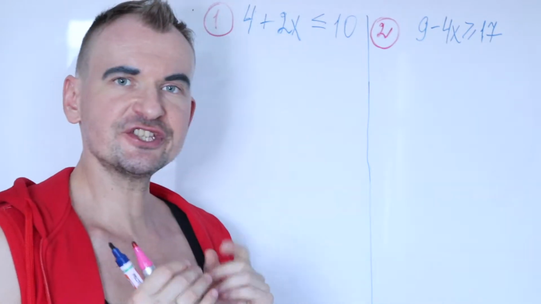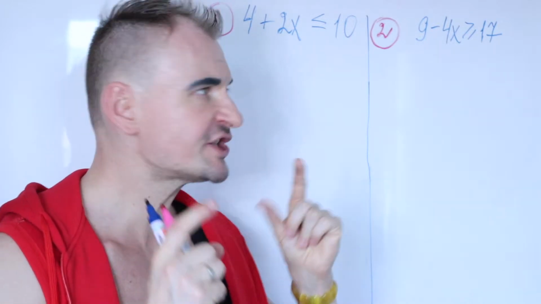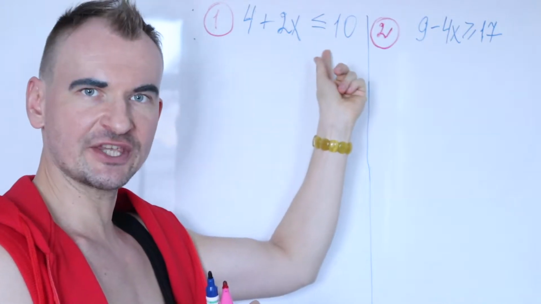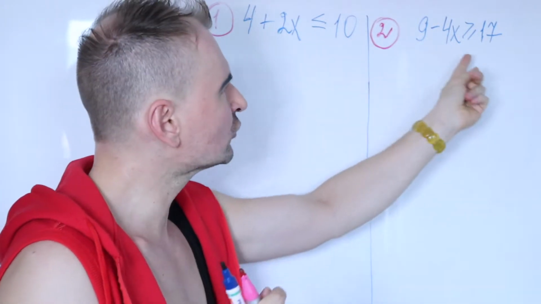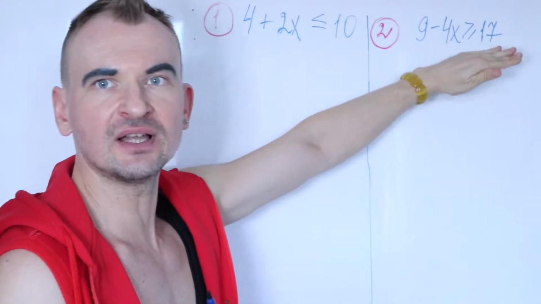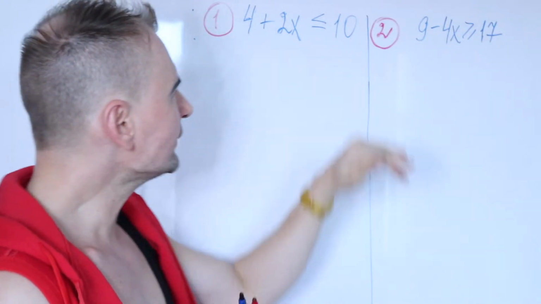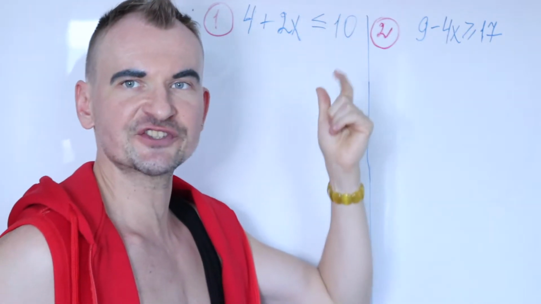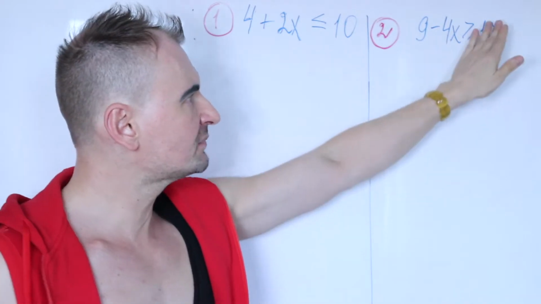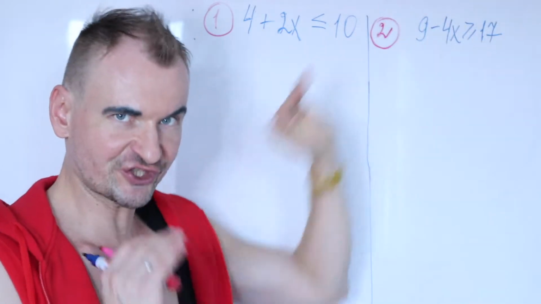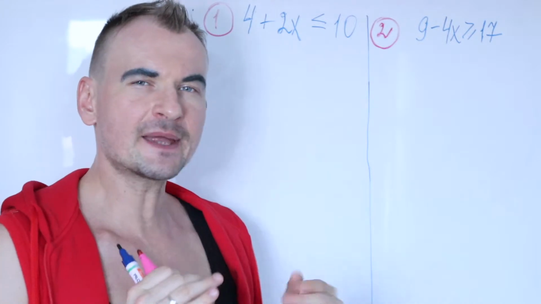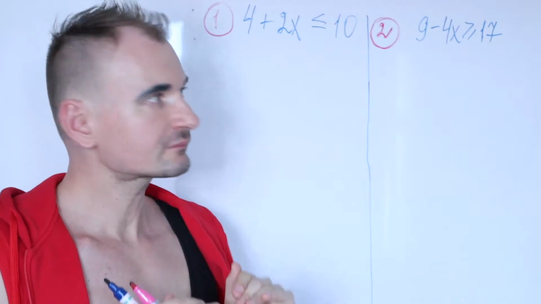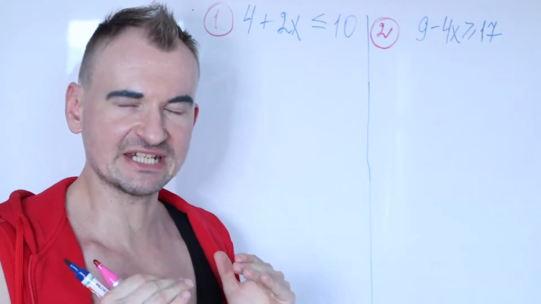The only difference is, instead of the equality sign, you would either have less than or equal, or greater than or equal, or just strictly less than, so there is no little equality sign, or just strictly greater than. So to sum up, there are 4 different variations. But to be honest with you, the steps are pretty much the same.